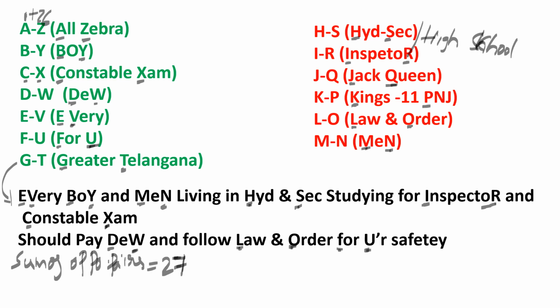If you add these two, you will get 27. 1 plus 26 equals 27. Here also H is 8, S is 19. 19 plus 8 is equal to 27. Means the sum of opposite pairs is equal to 27. You can remember that also.